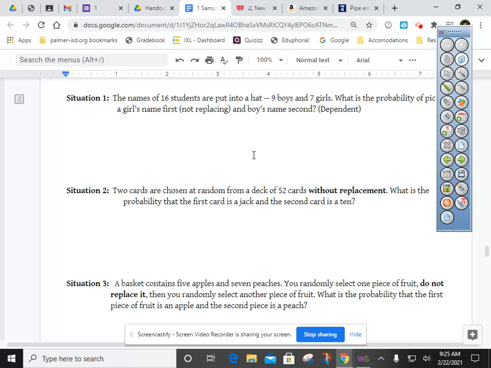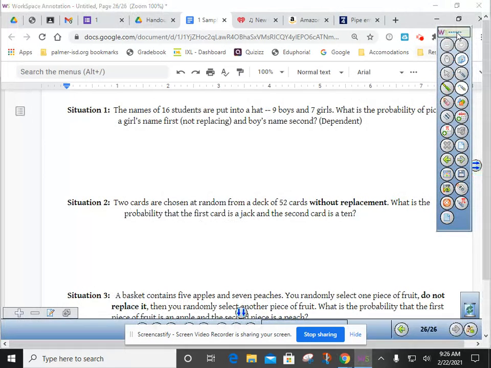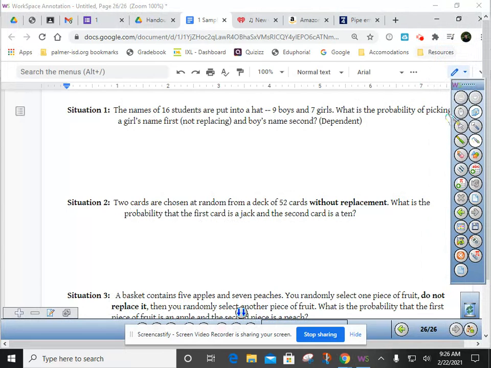Please make sure your heads are up off your desk and you're paying attention. The names of 16 students are put into a hat, 9 boys and 7 girls. What is the probability of picking a girl's name first, not replacing it, and a boy's name second? That is a dependent event. How many names are in the hat?